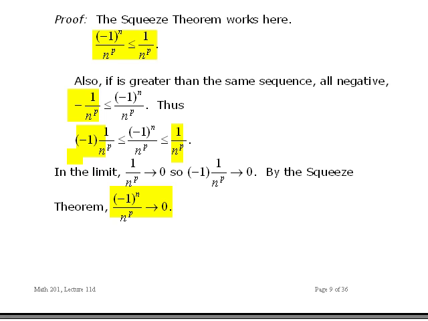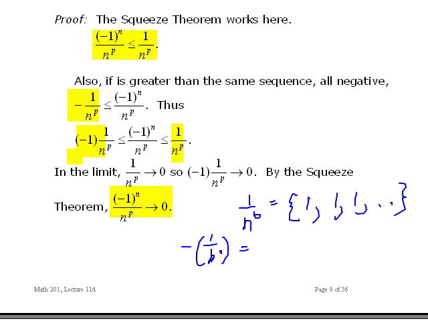We've tried to set up this squeeze theorem with p equal to 0, so 1 over n to the 0, all the terms are going to be 1s. So minus 1 over n to the 0 is just going to be minus 1, minus 1, minus 1.